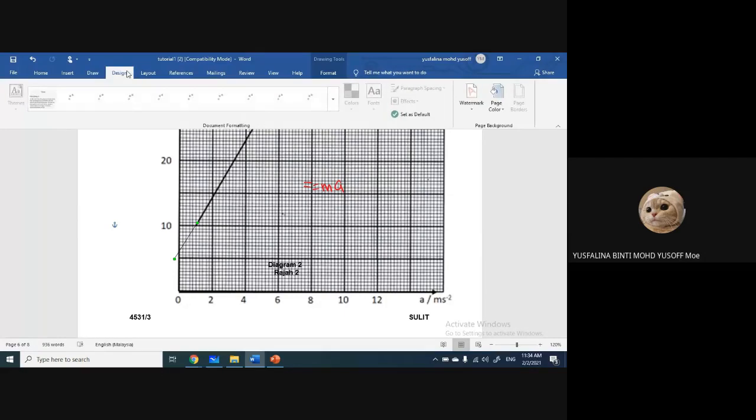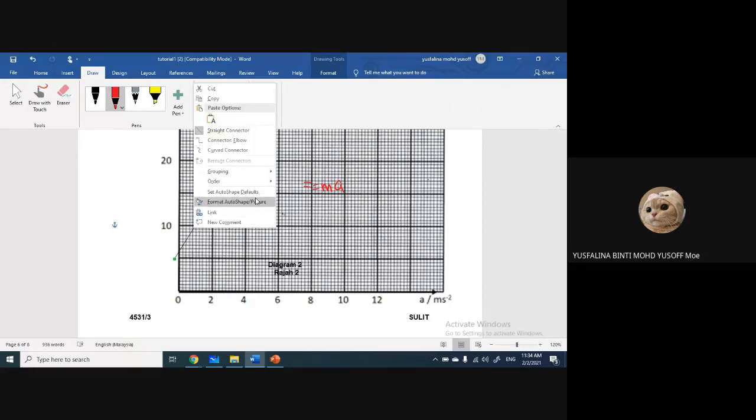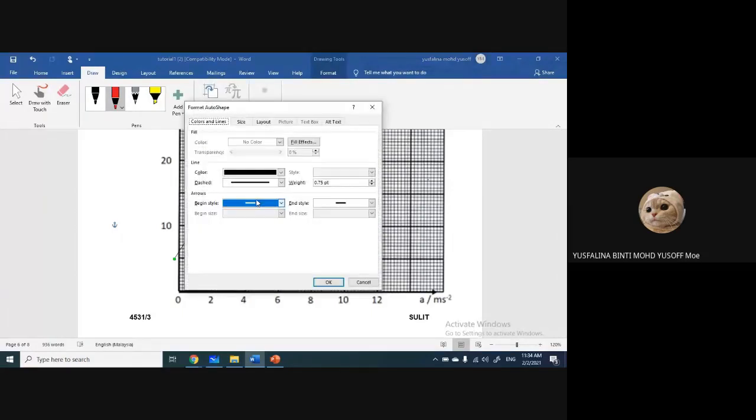Want to change the color first, wait. Okay, let's change it to red, and the width is okay.